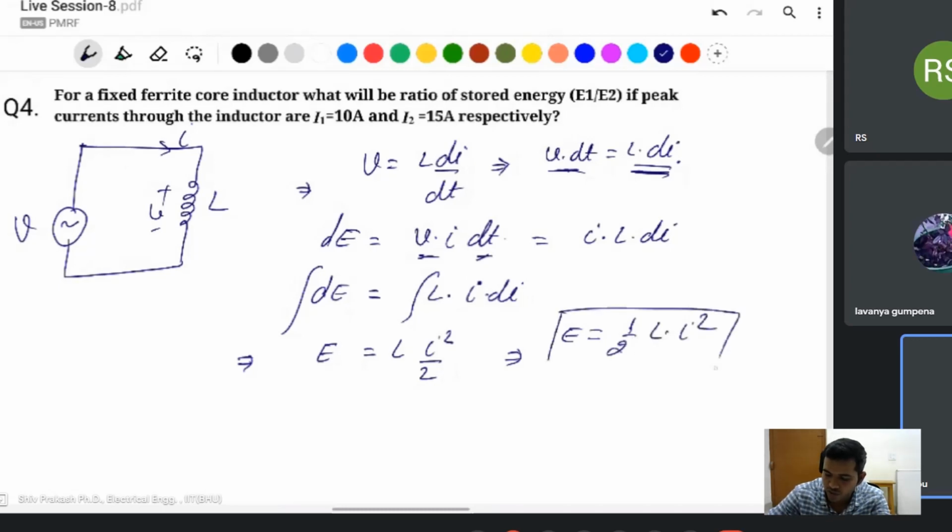I think you know all about this. So half of L I square is the stored energy in the inductor. You can apply the same thing to the capacitor: the stored energy in a capacitor is half C V square.